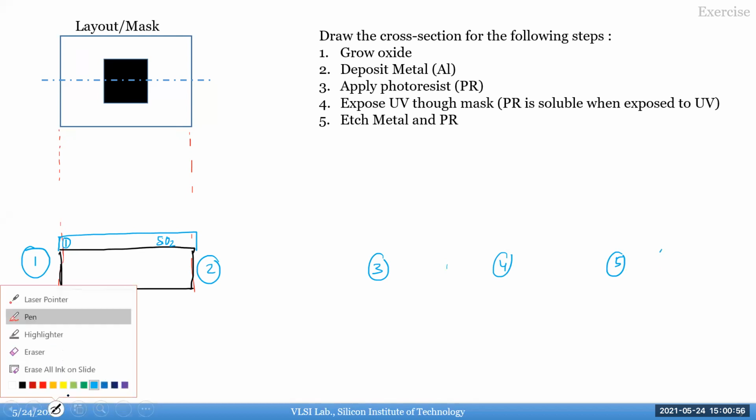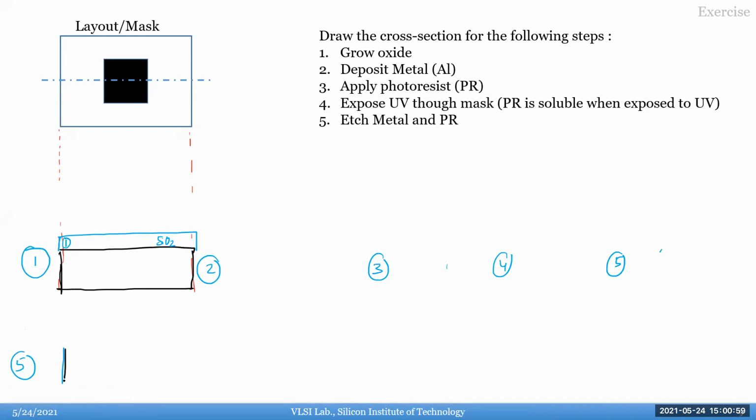So in step 5, this is your silicon, this is your P minus substrate, let's say. This is your wafer basically, just showing a small portion of the wafer. So after step 5, this is what you should get. It's hard to draw a straight line.